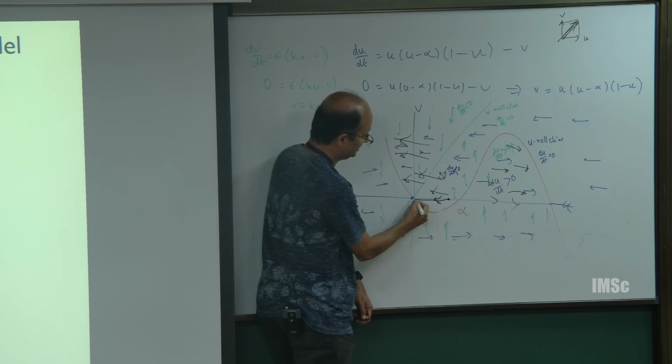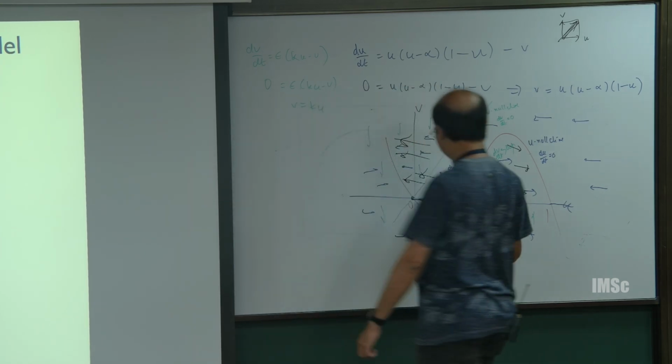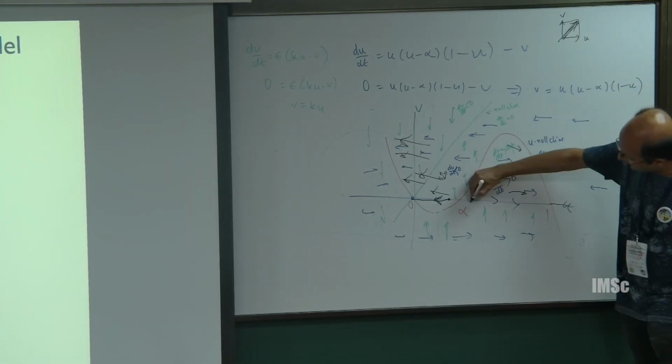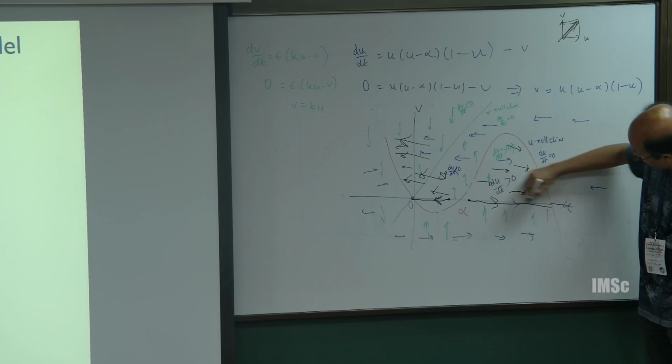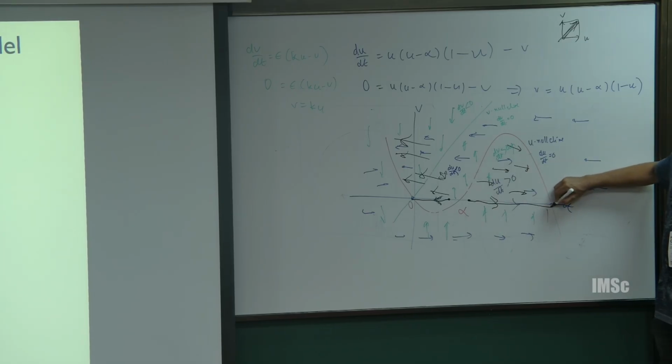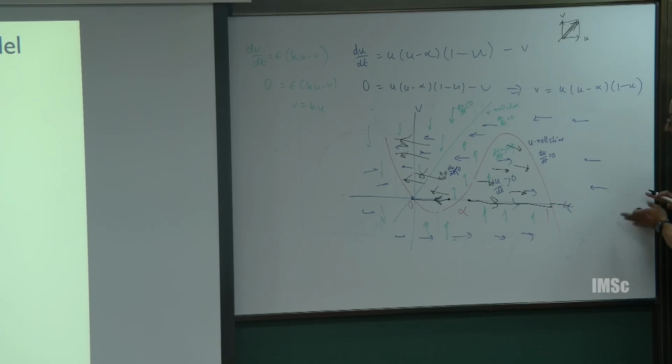What will happen? You will flow back to the resting state. But suppose you are here, you are going to flow to this point. You can't cross this, because the moment you cross it, the u direction will flip and you will be pushed back to this curve. So far so good, you already know this.